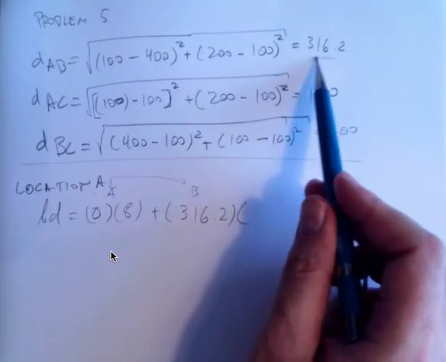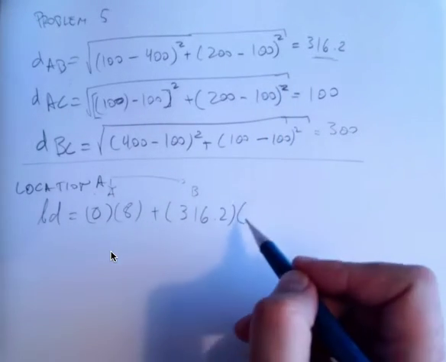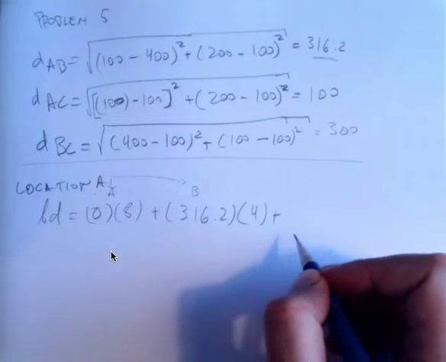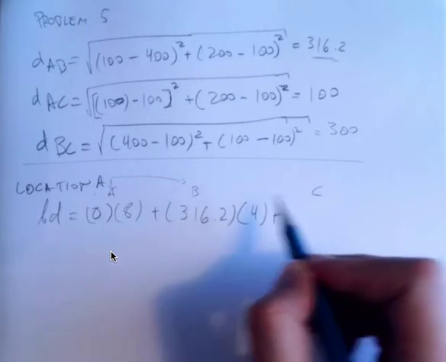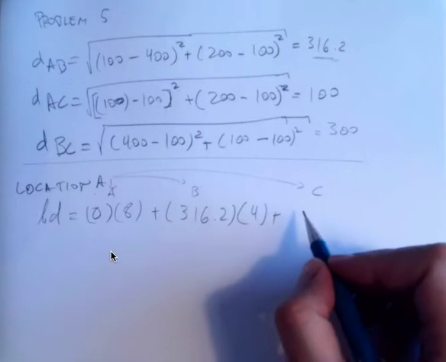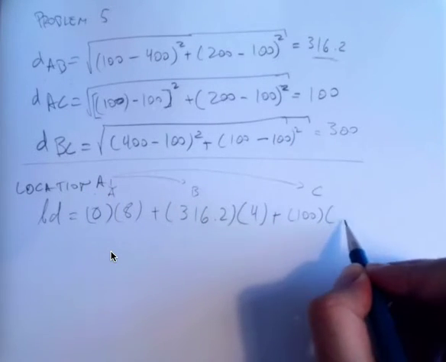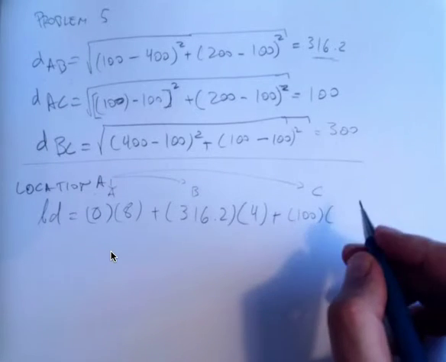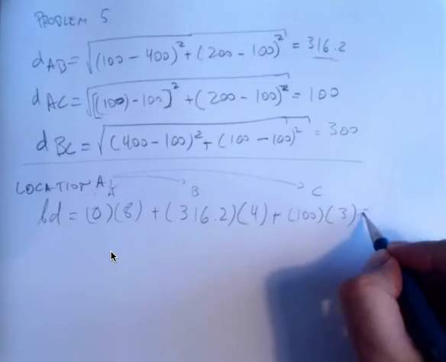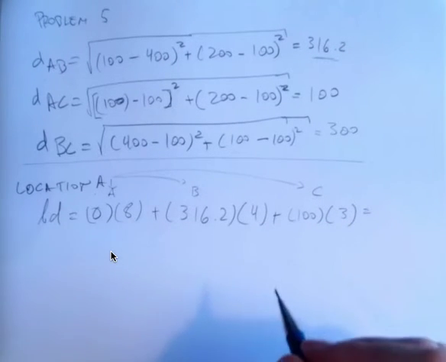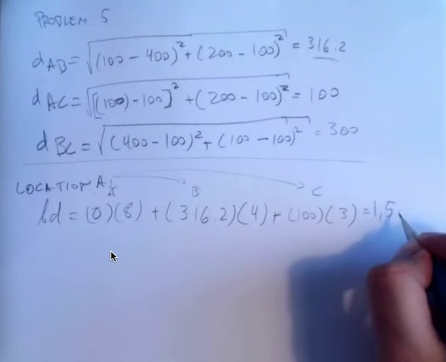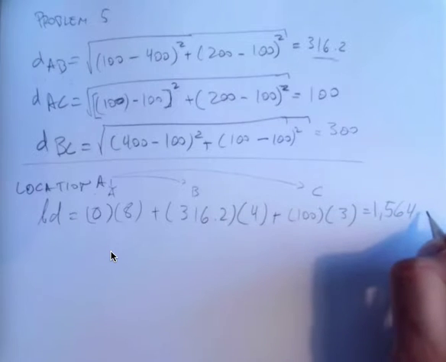And then we calculate the distance before, and then I have to times the load, which in this case is going to be 4, plus the distance between A and C, which we have here is going to be 100. So 100 times the load, which is the number of deliveries, and if we look in the data, is giving us 3. Okay, so this will be the load distance. I can do it. You guys can do it too. 1,564.8.